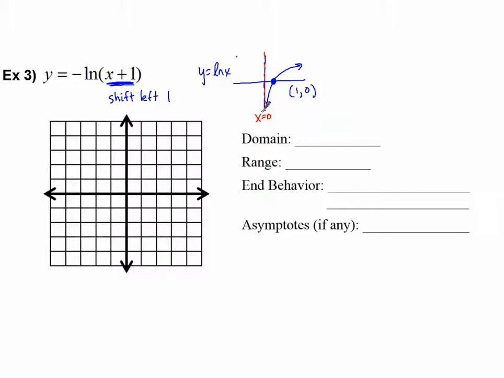So this vertical asymptote moves over to the left 1 unit and is now at x equals negative 1. Also, this point (1, 0) is shifted left 1 unit, or it's just 1 unit away from the asymptote to the right. Now the negative is a multiplier by negative 1, or we can think of it as flipping it over. So instead of the function looking like this, the function looks like this.